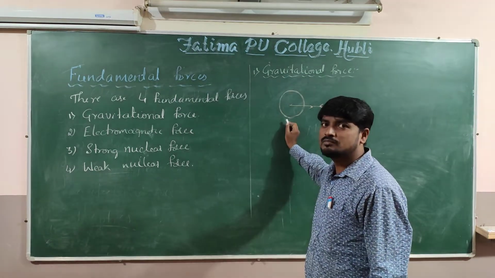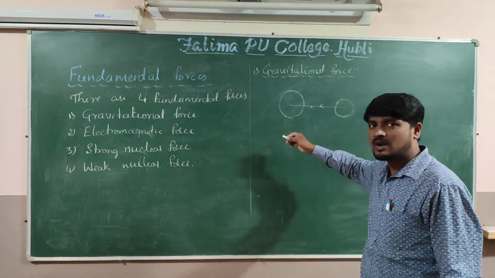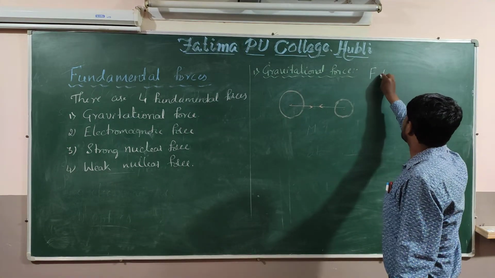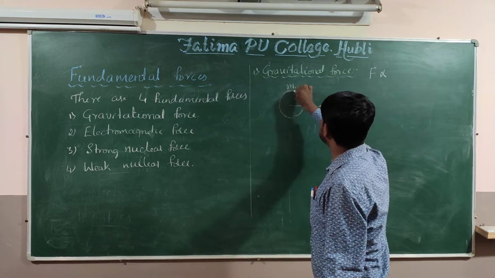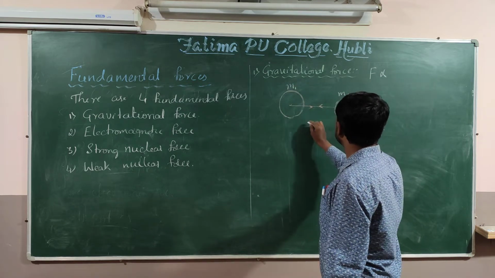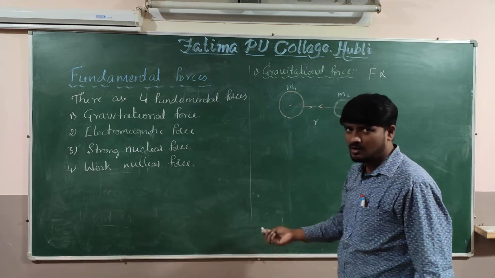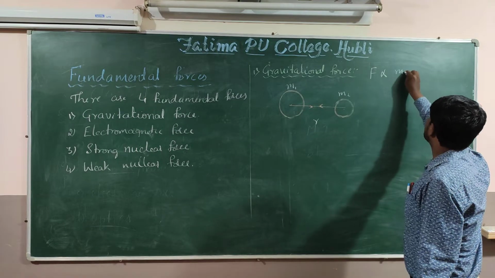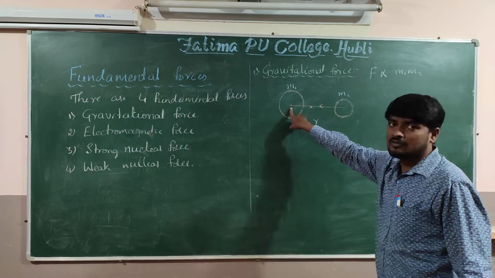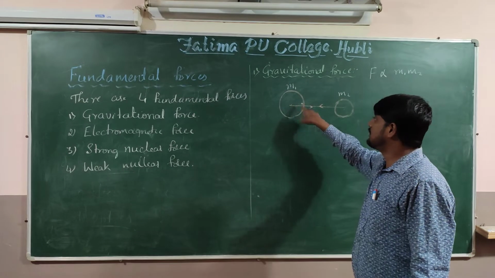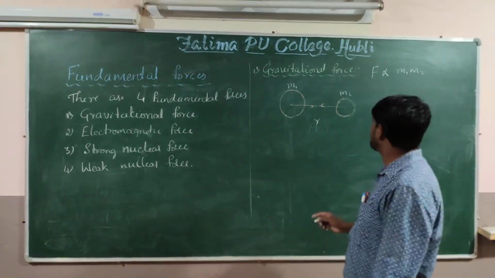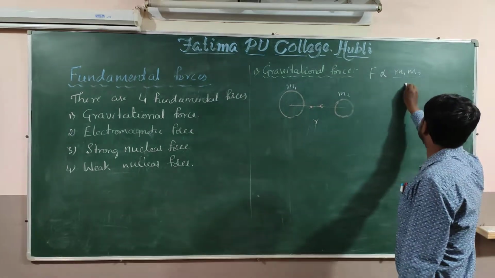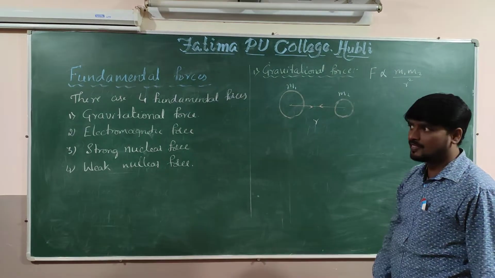The gravitational force between any 2 heavenly mass bodies, suppose the masses are m1 and m2, separated by a distance r, is directly proportional to the product of the masses and inversely proportional to the square of the distance between them.